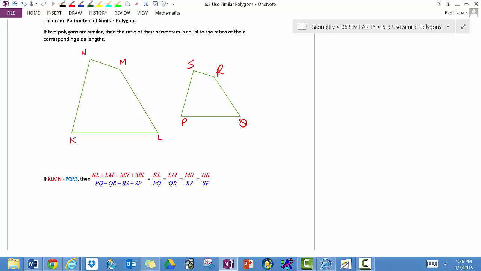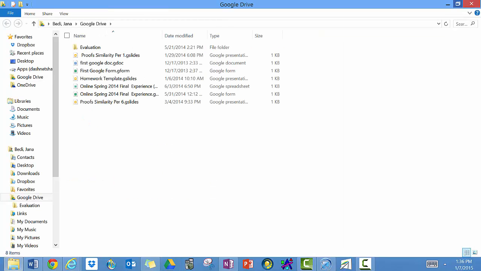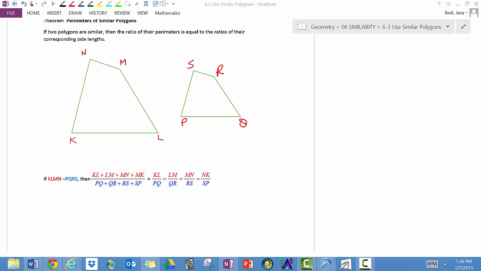So let's say that we know that the perimeter of this polygon is 72, and we want to find the perimeter of the smaller one. So we'll call that PS, and this is PB, which is the bigger one.